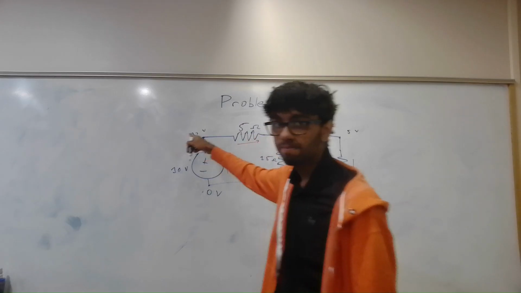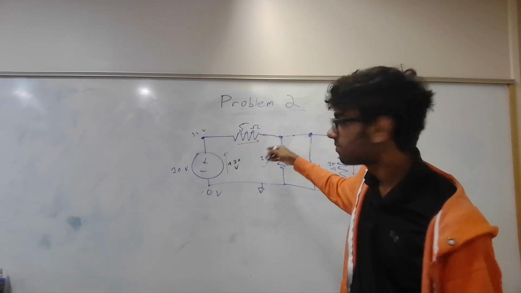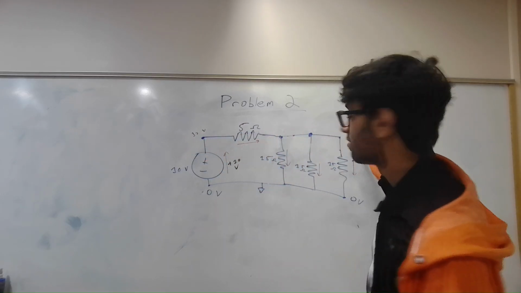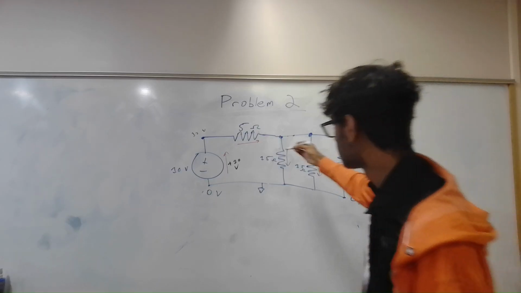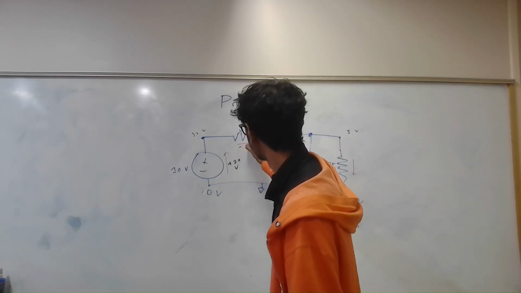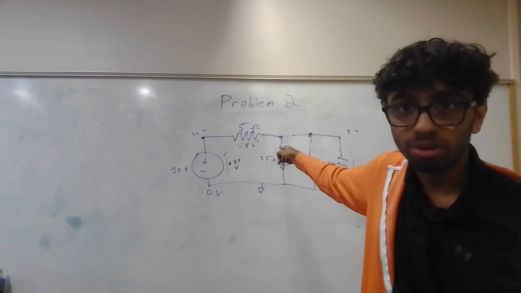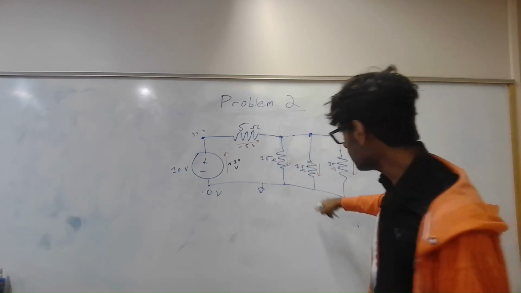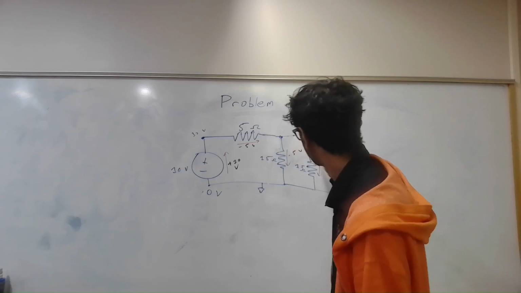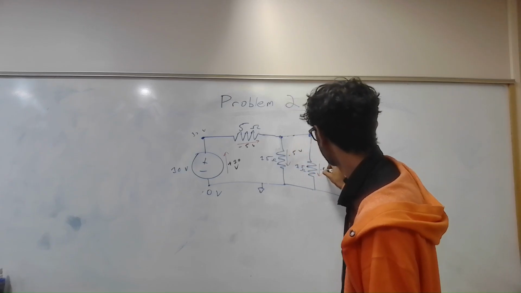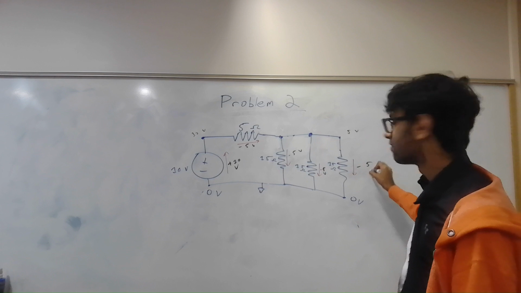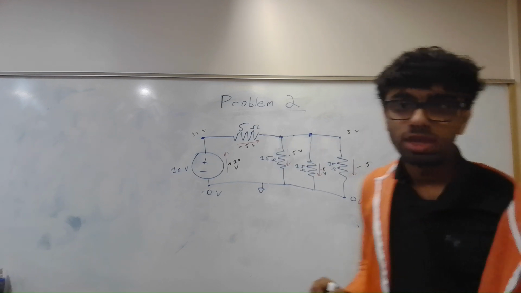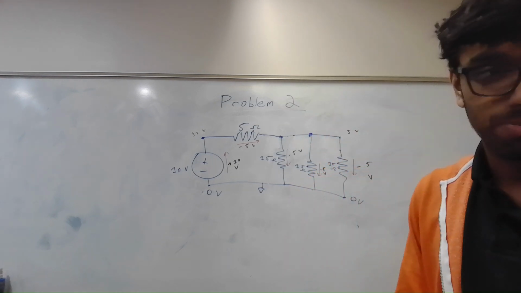So 10 minus 5 is 5 volts, so we get minus 5 volts, a voltage drop. 5 volts to 0 volts gives us minus 5 volts here, minus 5 volts here, and minus 5 volts there. So that's part of step 1.